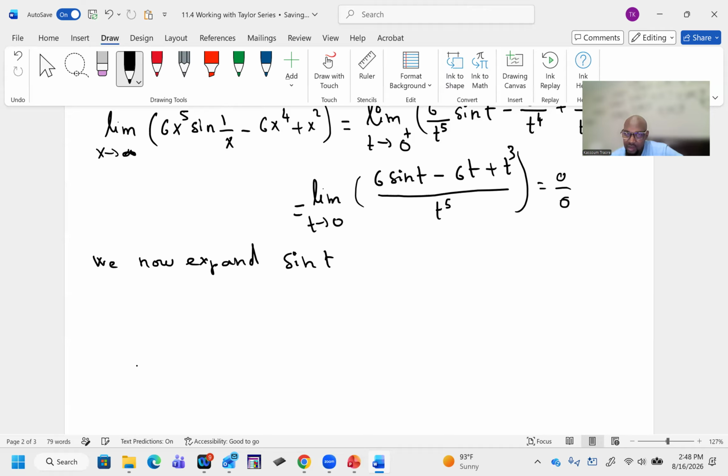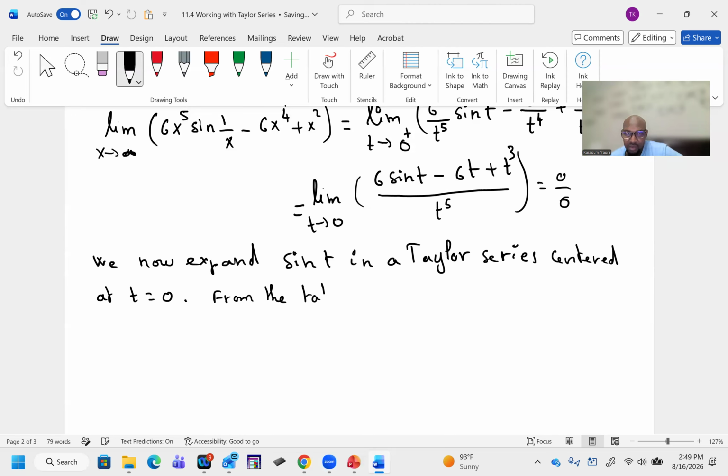So we now expand sine t in a Taylor series centered at t equal to 0, from the table of common Taylor series.